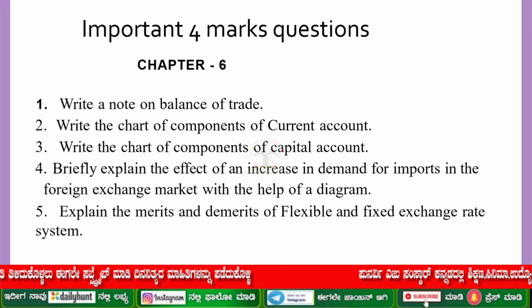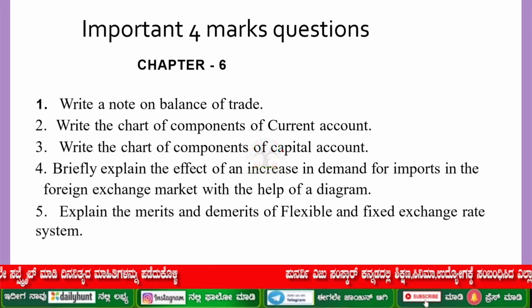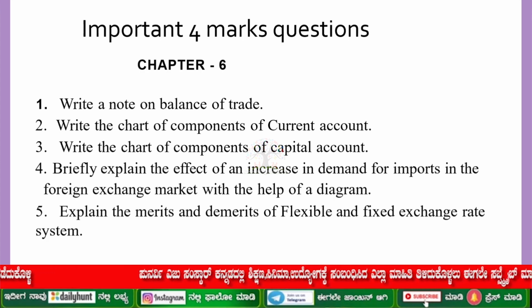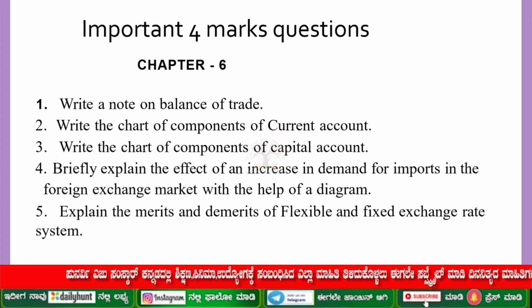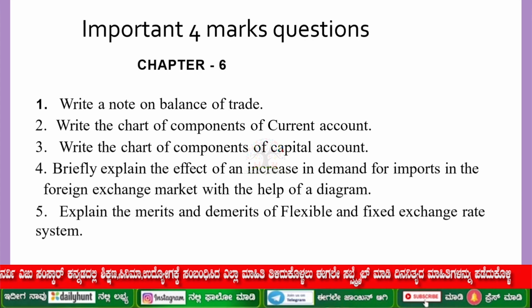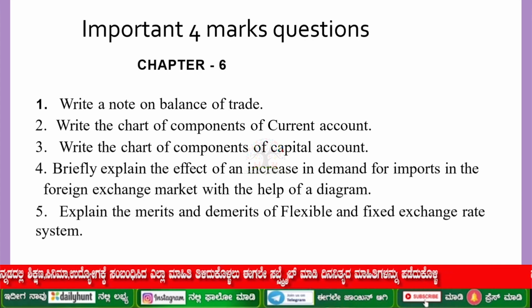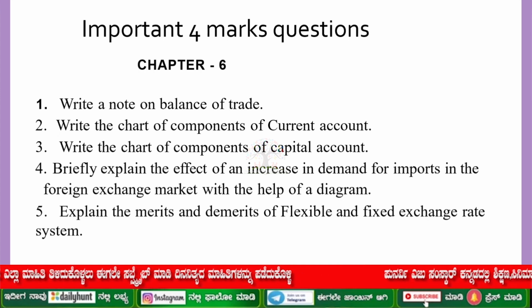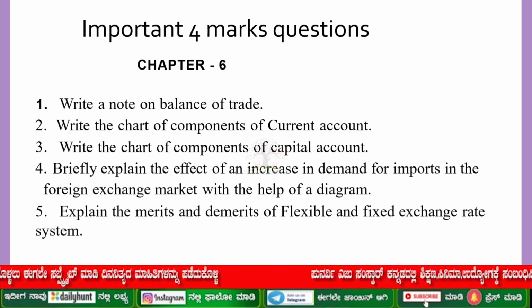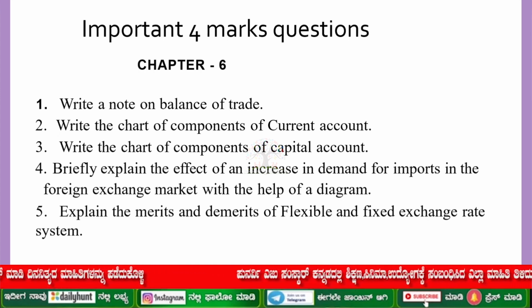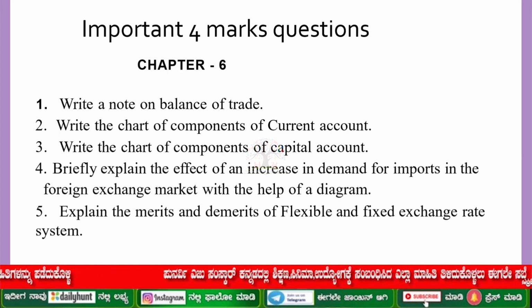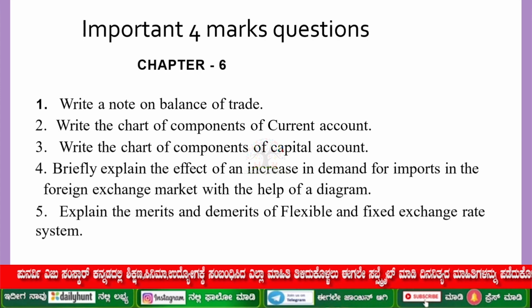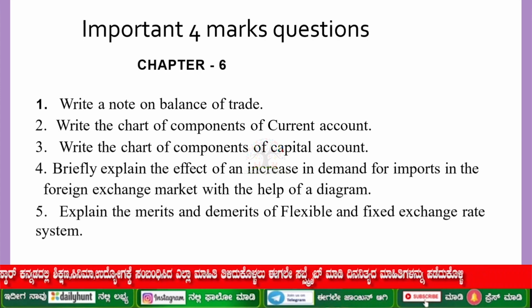And one more important question is the effect of an increase in demand for imports in the foreign exchange market with the help of a diagram, and explain merits and demerits of flexible and fixed exchange rate. So out of 5, 1 4-mark question you can expect from this chapter. Especially these 3 questions are very important, but still you have to prepare these 2.